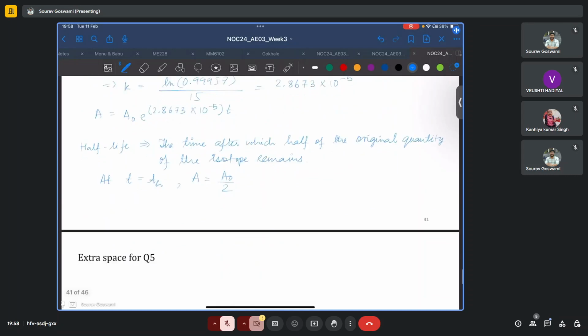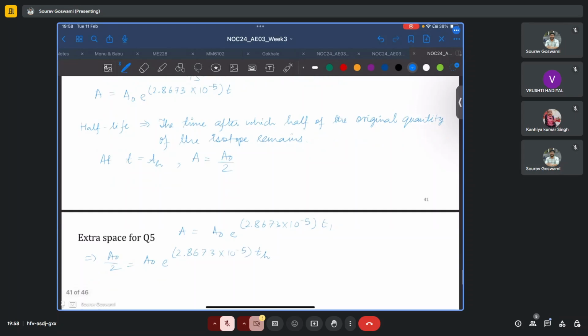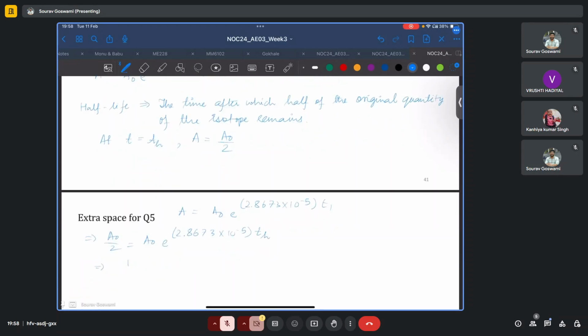So let us put this into our expression. We have A equals A naught e power 2.8673 into 10 to the power minus 5 t. Now A naught by 2 equals A naught times e power 2.8673 into 10 to the power minus 5 times th. So one half is equal to e power 2.8673 into 10 to the power minus 5 th.